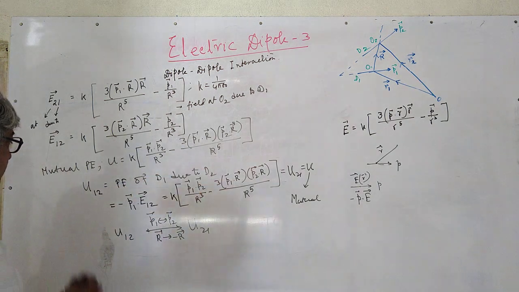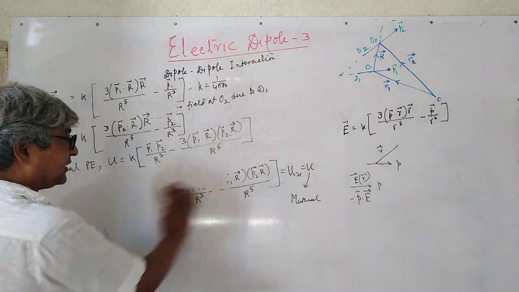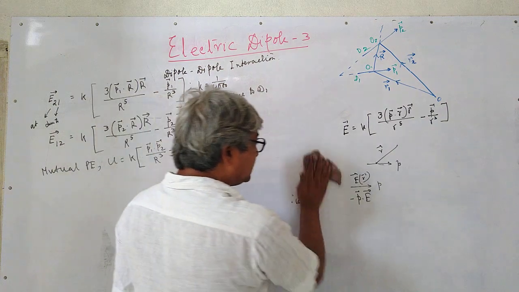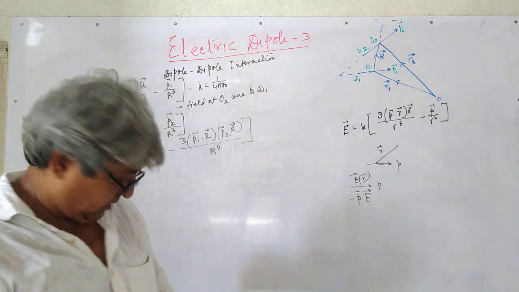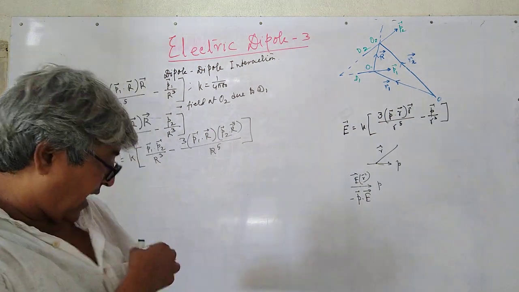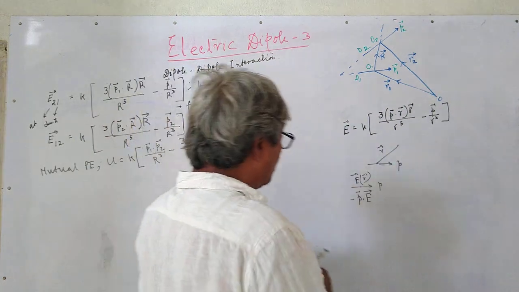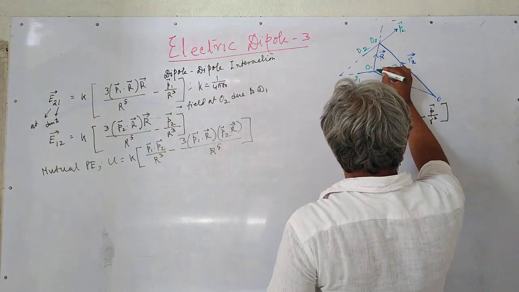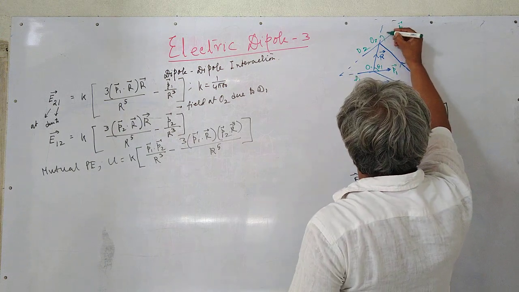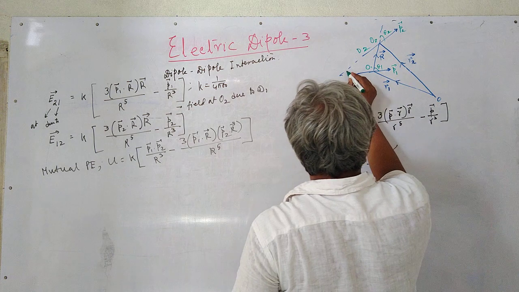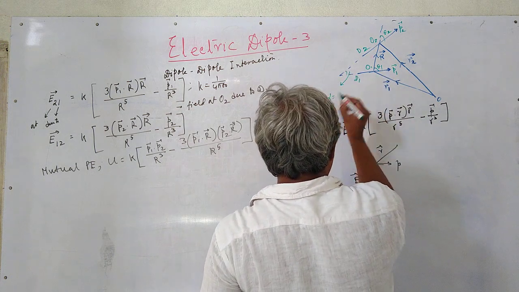Now we shall come to a special case of two coplanar dipoles. If we consider the dipole moment vectors P1 and P2, they lie in a single plane. Assume that they lie in the plane of the board. Then P1 vector makes an angle theta 1 with R and P2 makes an angle theta 2, and the angle between P1 and P2 is alpha.